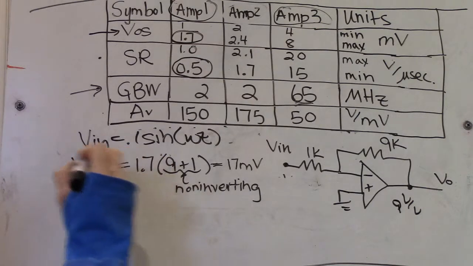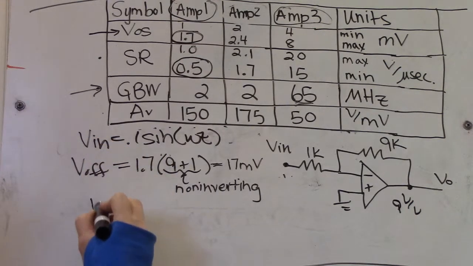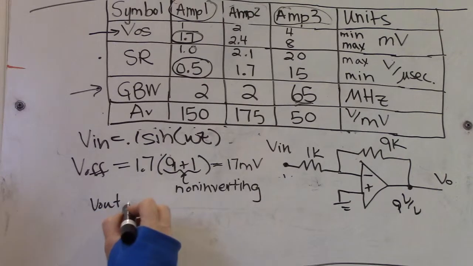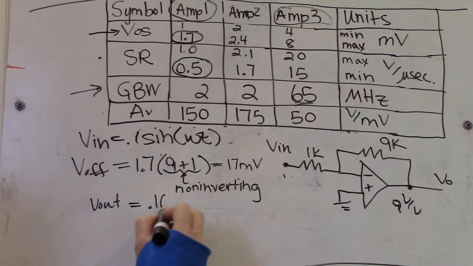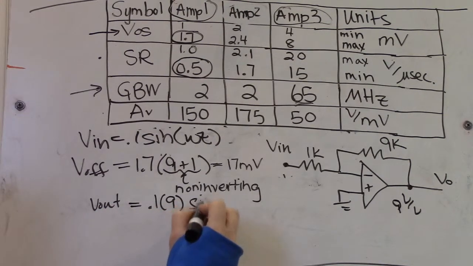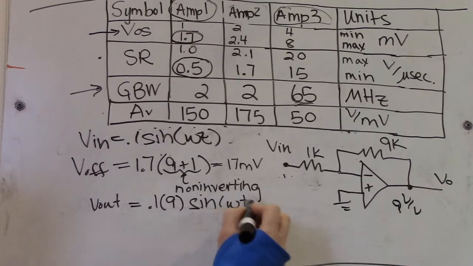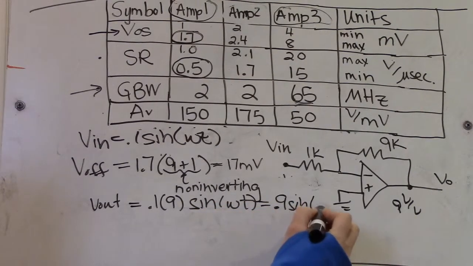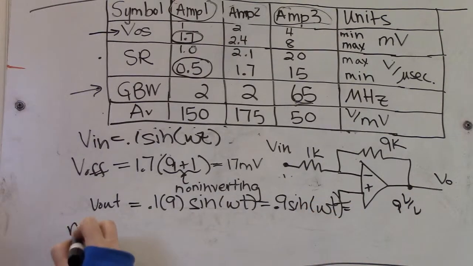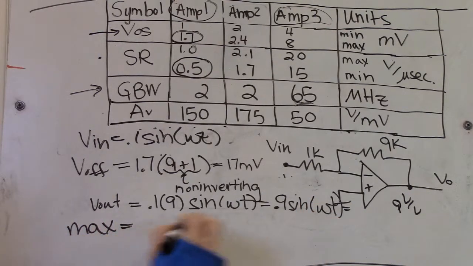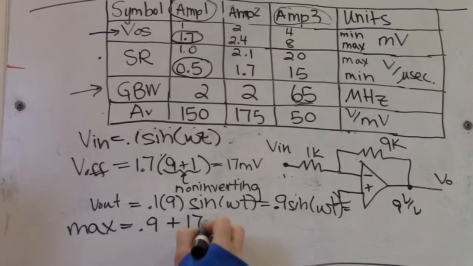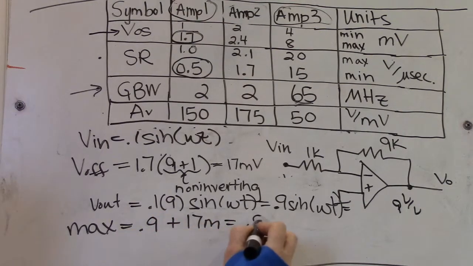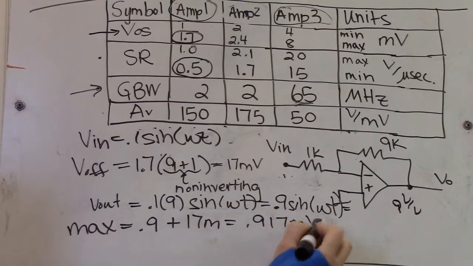And my ideal output would be 0.1 times 9 sine omega t, so I have 0.9 sine omega t. So my max would be 0.9 plus 17 milli, which gives 0.917.